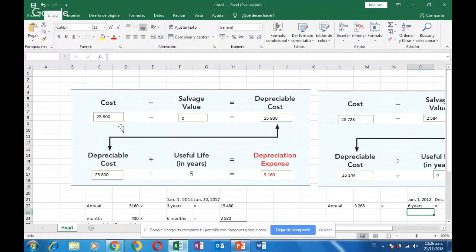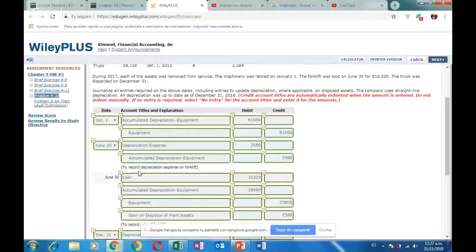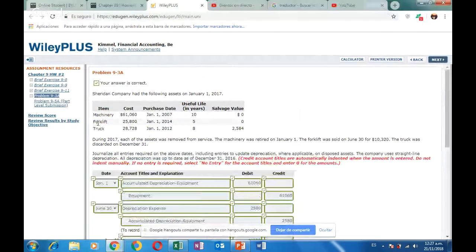On June 30, first we need to determine the amount of depreciation. So we will take the cost of the forklift, which is 25,800.